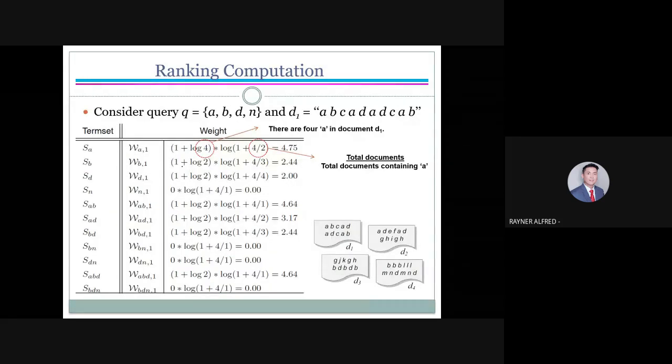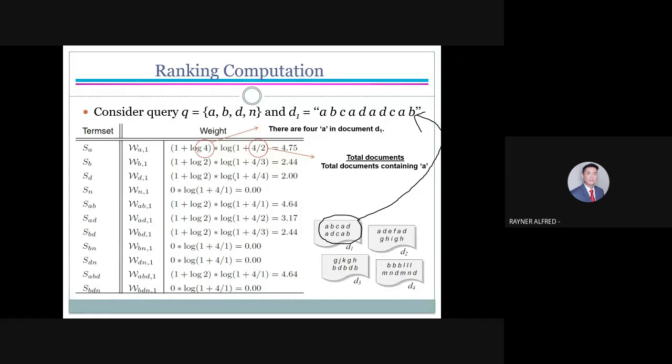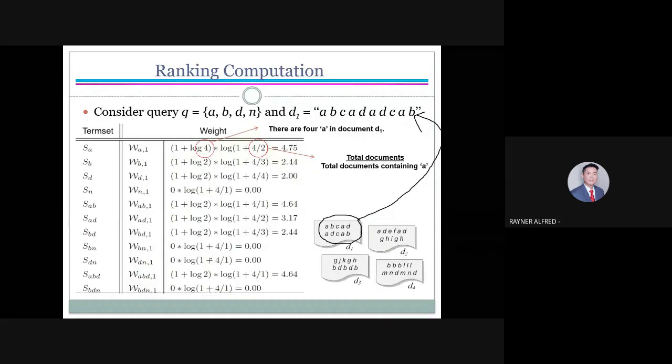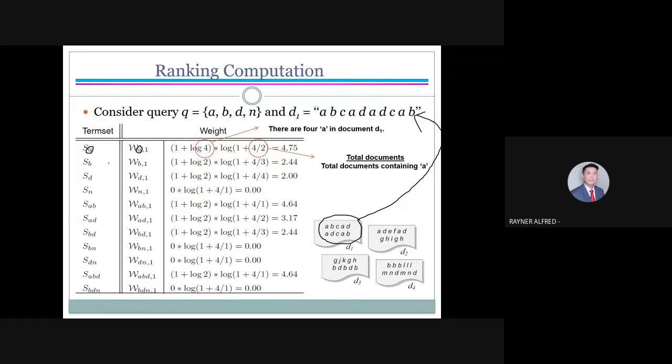Always look at the query first. So for query A, B, D, N, and this is document one. I just made it long here. If we look at the formula, this refers to the frequency of term set Si. We have 4 because we have 4 A's in my document.